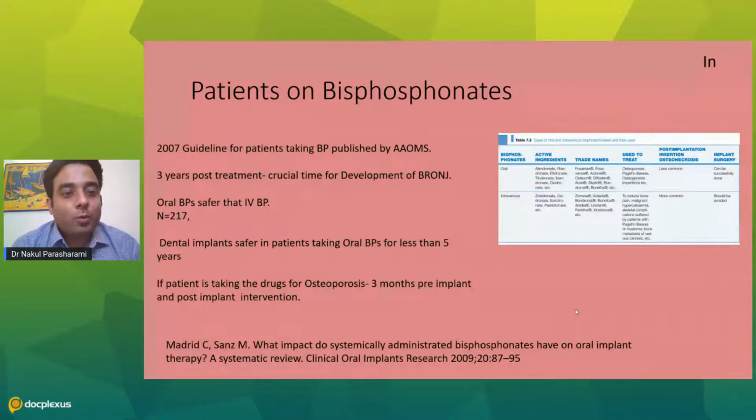It has been proven that oral bisphosphonates are safer than IV bisphosphonates, and dental implants are safer in patients who are taking oral bisphosphonates for less than 5 years.